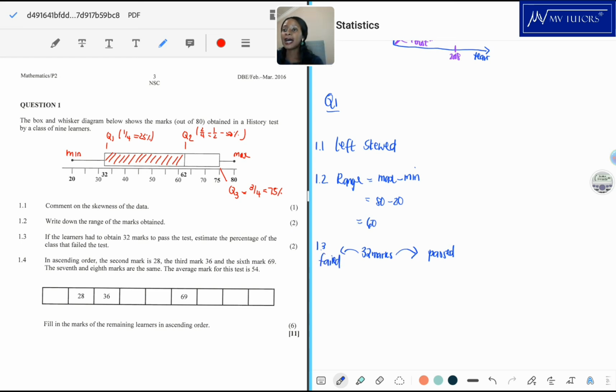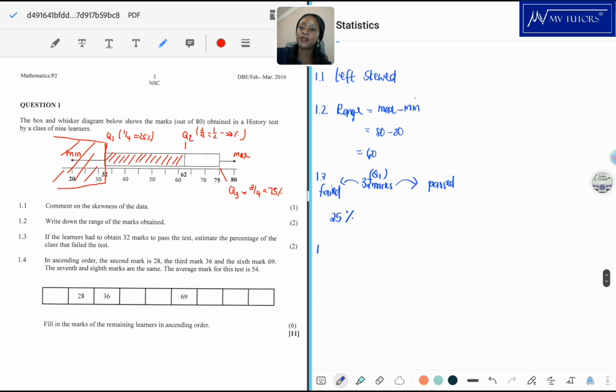Looking here, basically everybody on this side here has pretty much failed. And because 32 is our first quartile, it means that the percentage of the class that failed is actually 25%, because 32 was actually our Q1, which is 25%.